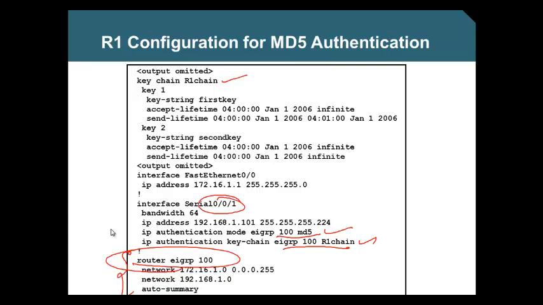No, key 1 and key 2 will both be sent at 4 o'clock. Both the keys will be sent. After 4:01, it will stop sending key 1. After that, it will keep on sending key 2.